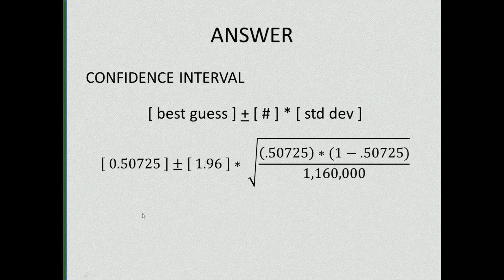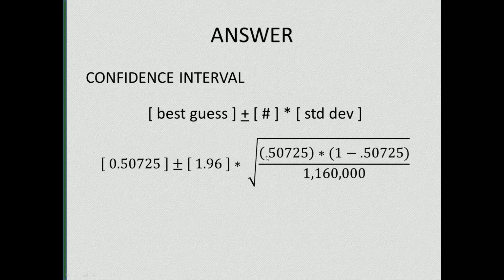Our best guess was 50.725%. For 95% confidence, we will go out from there 1.96 standard deviations, or 2 if you're not anal retentive. Standard deviation is the square root of p times 1 minus p over our sample size. Notice now p is the number we got from our data.